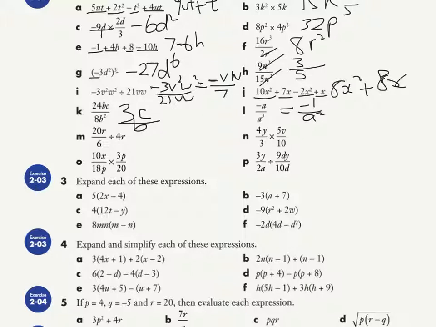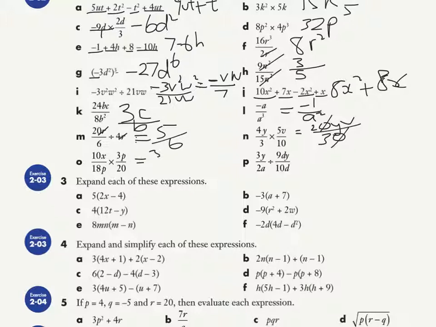Alright, M, you can either change it to a times and flip, or you can just divide the top, which gets you r's cancel. 20 divided by 4 is 5, and you've still got a 6 on the bottom. Alright, N, 4 5s are 20, YV over 30, the zeros can cancel.